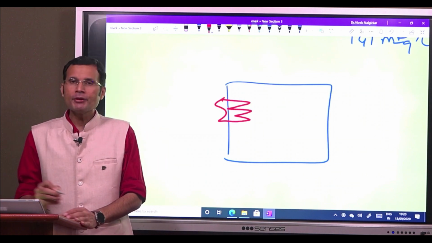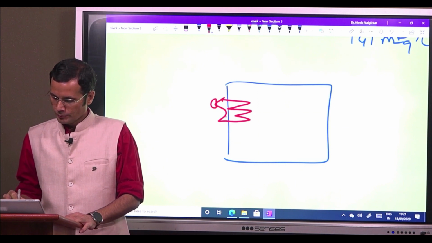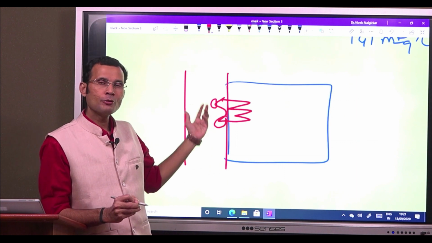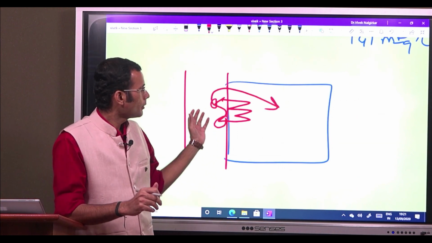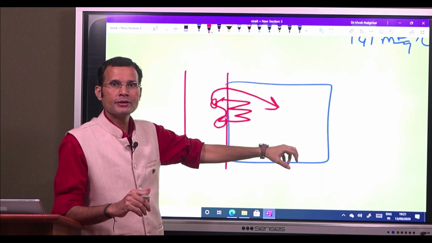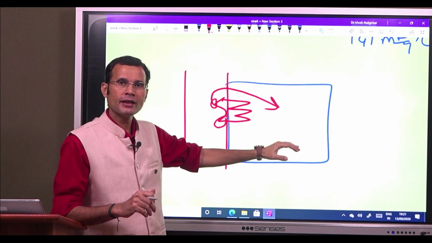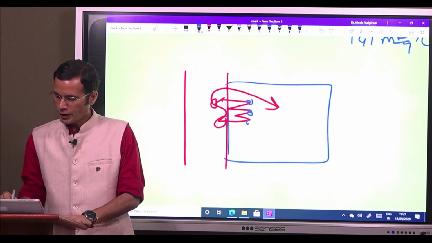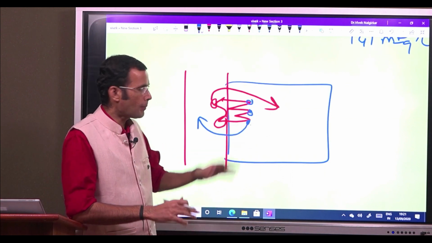If you look at the activity of the sodium-potassium pump, what it does is it binds the potassium from outside the cell and brings that potassium into the cell. So, 2 potassium ions are brought from outside to inside, and of course 3 sodium ions are taken from inside to outside. That's the activity of the sodium-potassium pump.